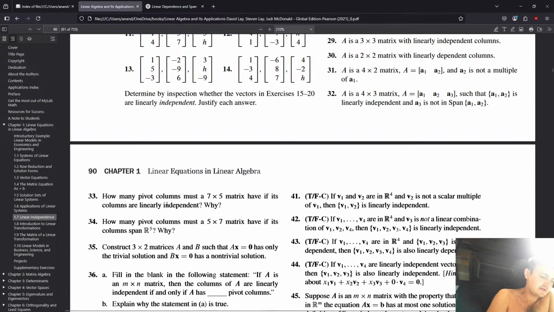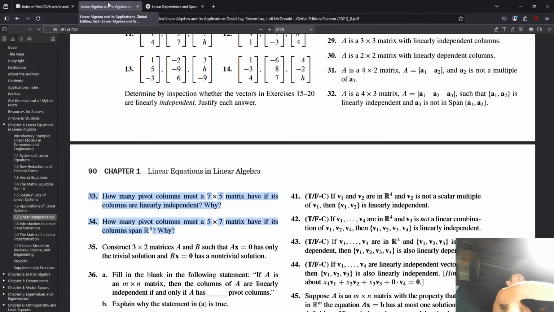I think it's also 5. Construct 2 by 3. Okay, hold on. I just want to see the answers to these and then I'm going to leave.